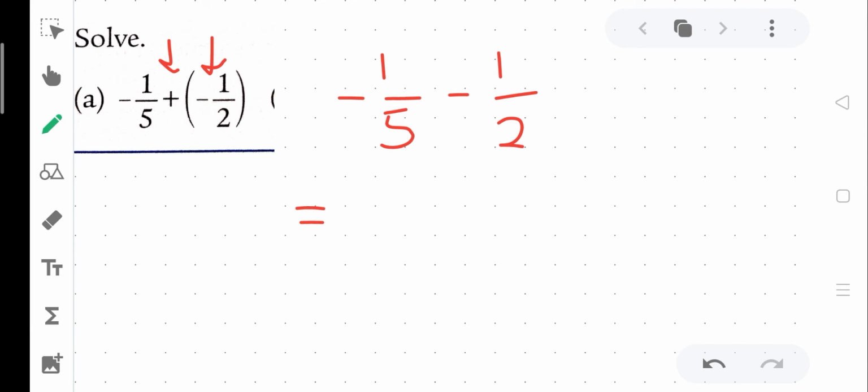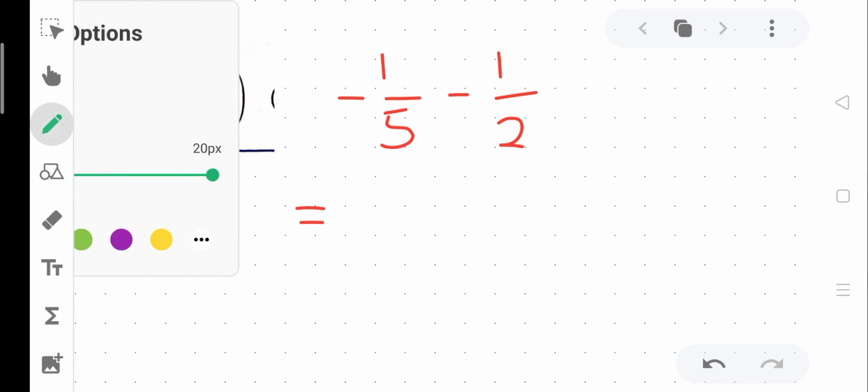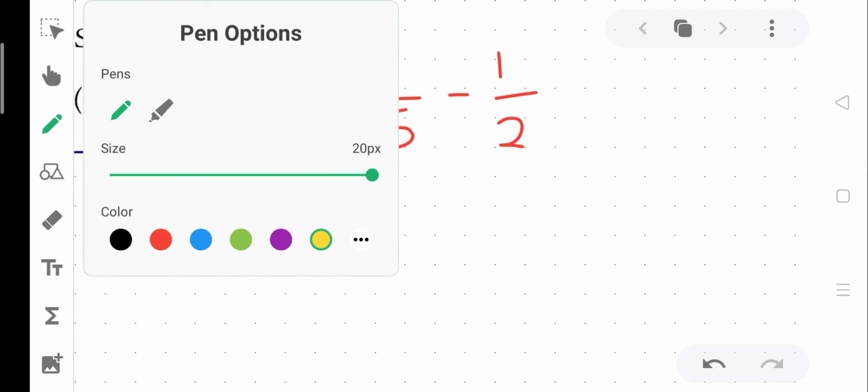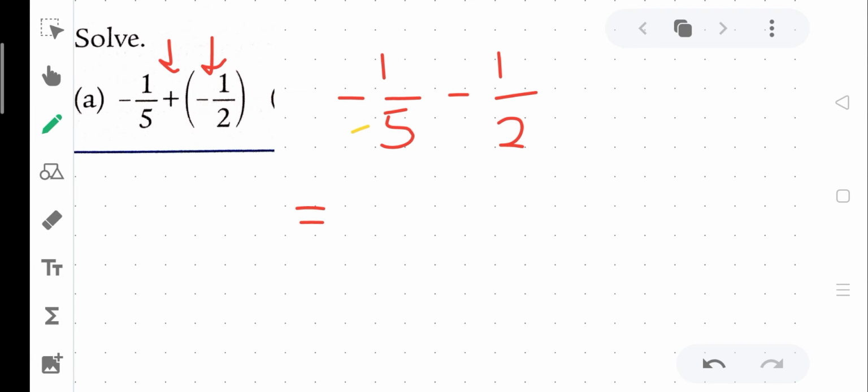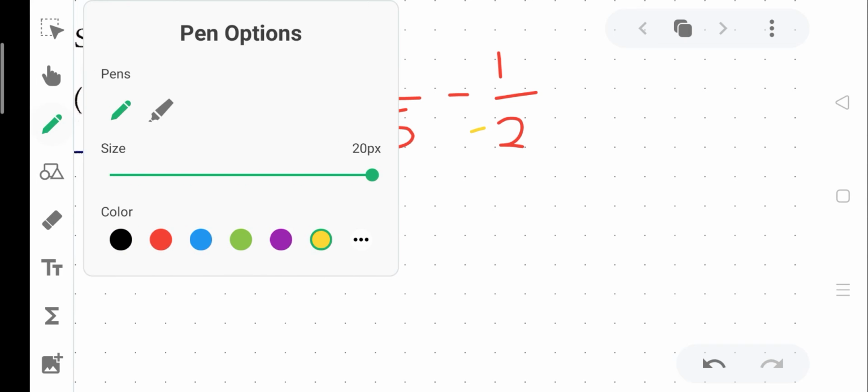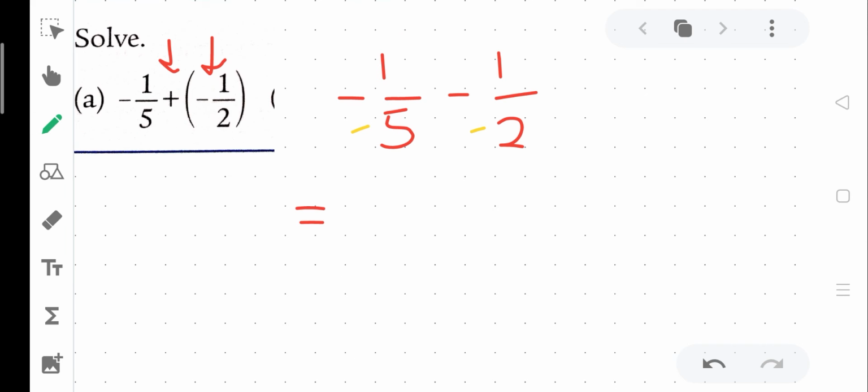Because the bottom of this one is 5 and this one is 2, they are different, so we need to make them the same number. In order to do this, we multiply this one by 2 because this one is 2, and for this one, we need to multiply by 5 because this one is 5.